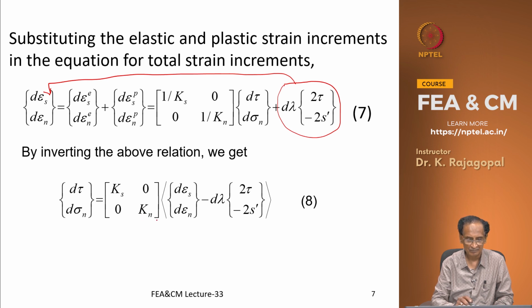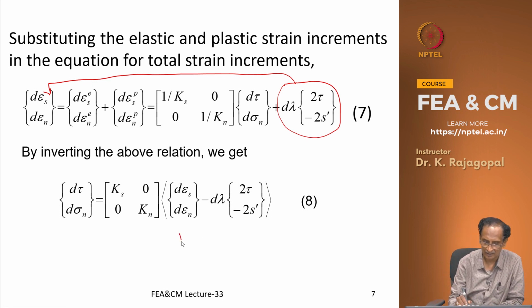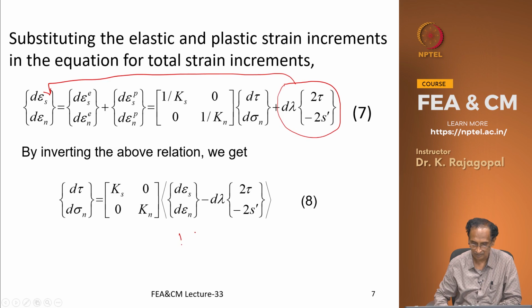So, this k s, k n times d epsilon s and d epsilon n is the elastic stress increment minus this d lambda times dou q by dou tau, dou q by dou s prime. This is the plastic strain part.